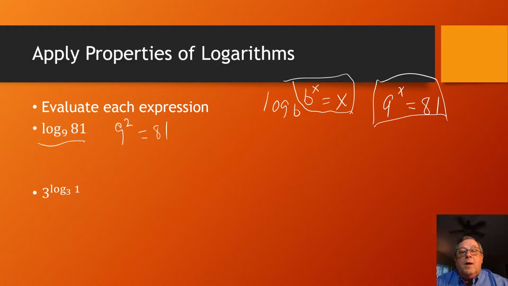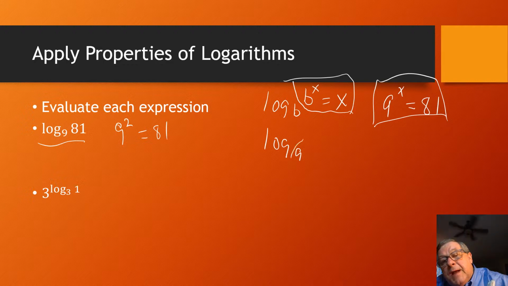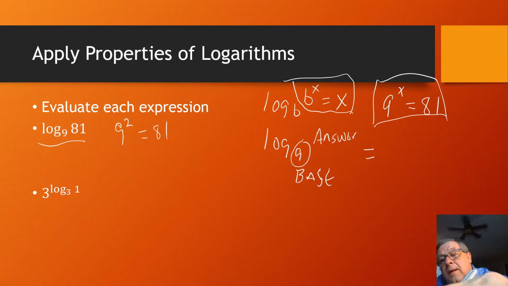So again, another way when you're evaluating these, think about it like this: if I've got log, in this case we'll stick with this, log 9, well this is the base, and this is the answer, so to speak, thinking about it in exponential form, and where x is, that is the exponent.